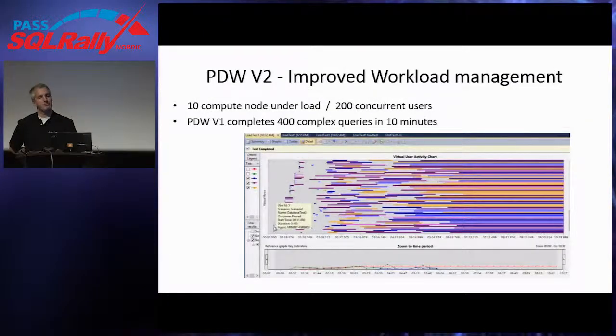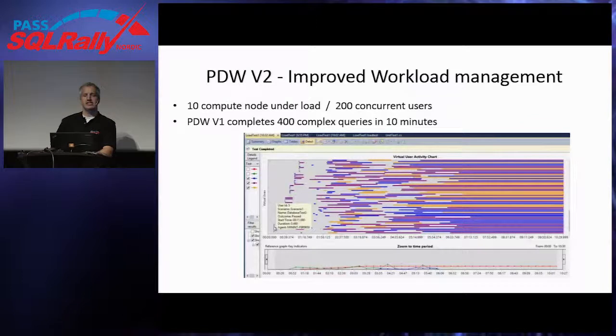And just as an example, last year at SQL Rally, I demoed PDW V1. If you had a V1 box without the clustered column store and like 10 nodes, and I was running a load test with 200 concurrent users, firing off like 400 really complex queries, it took like 10 minutes to complete them.